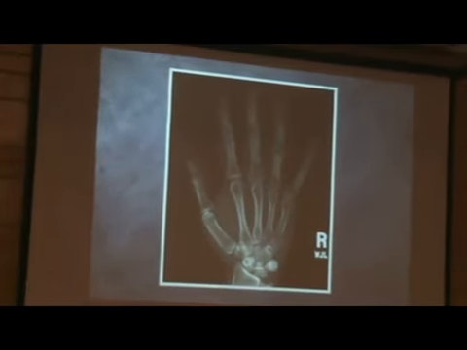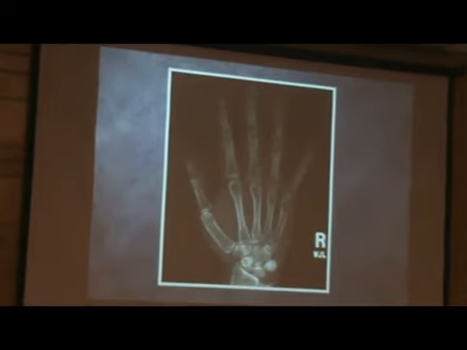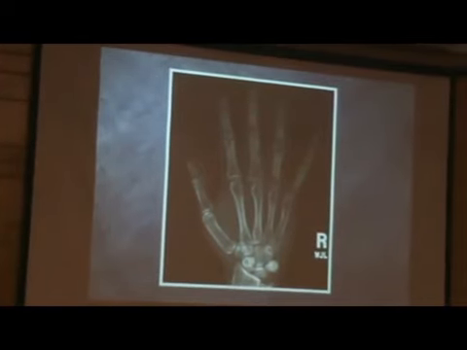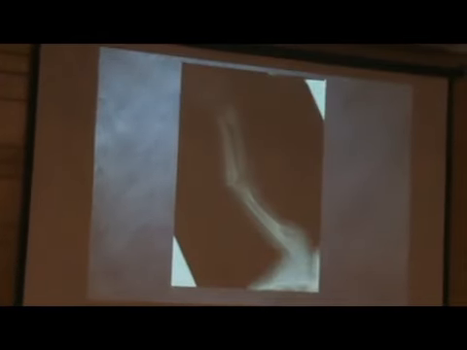And both of those conditions are very rare in the distal extremities. When you see an appearance like this in the distal extremity, one thing to consider is a malignant vascular lesion. And this turned out to be a malignant vascular lesion, hemangiopericytoma.